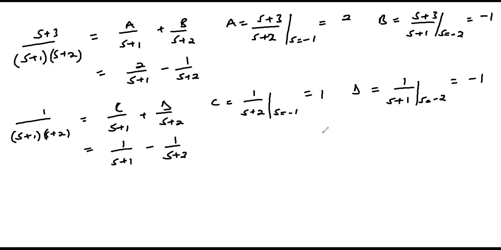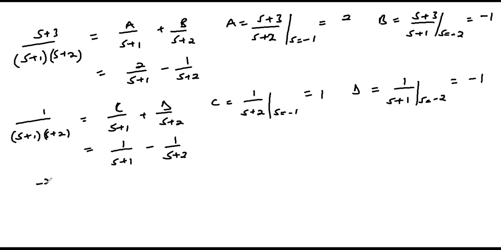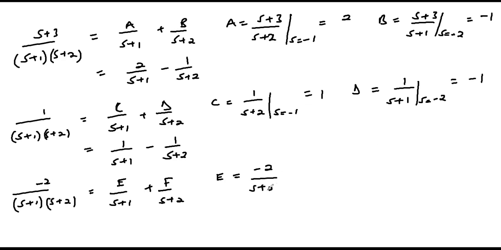Next, we have negative 2 over (s plus 1)(s plus 2), which can be written as E over (s plus 1) plus F over (s plus 2), where E will be minus 2 over (s plus 2) when s is negative 1, which is minus 2 over 1, which is negative 2.